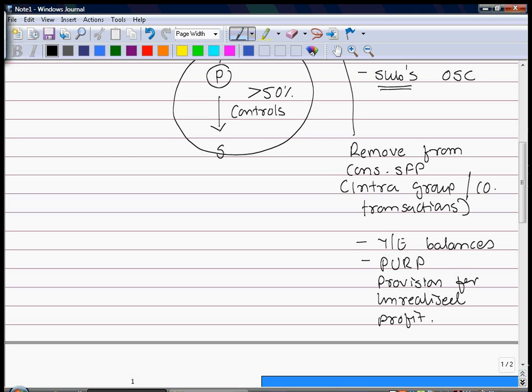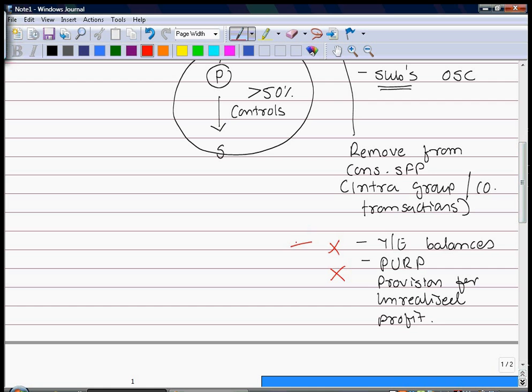It is not actually earned. Why is it not earned? Well, the goods were not sold to a third party. The goods were not sold to an external party. It was sold to itself, and that's how they have made profit, and that sort of profit should be eliminated. So these two things must be eliminated. Year-end balances and PURP should go. I will explain more in detail.